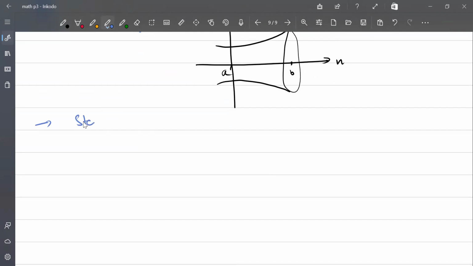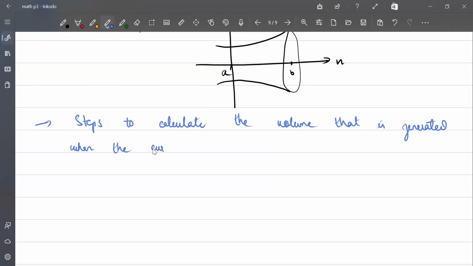So, steps to calculate the volume that is generated when the curve is rotated about the x-axis.